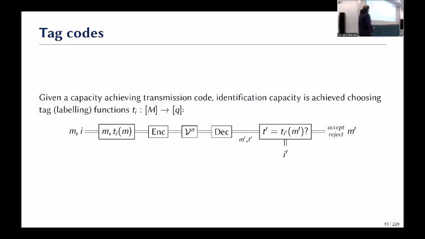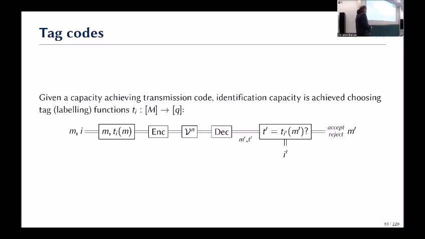Just as a reminder, sometimes it's also not bad to call this coloring tags, because you make a tag at the end. So the small t_i's are the same as the big T_i's. They go from M to Q. So now how to encode?